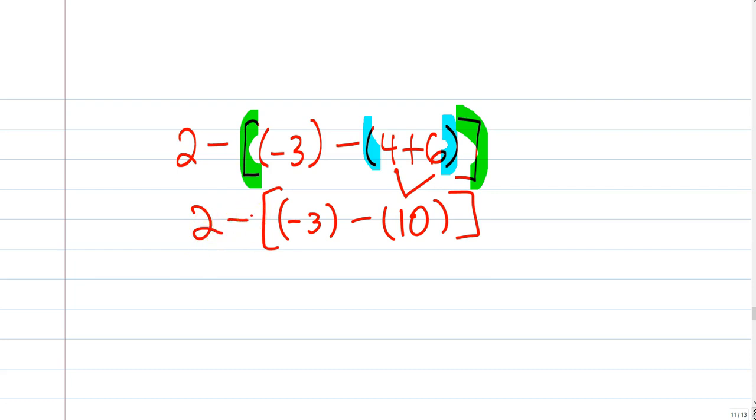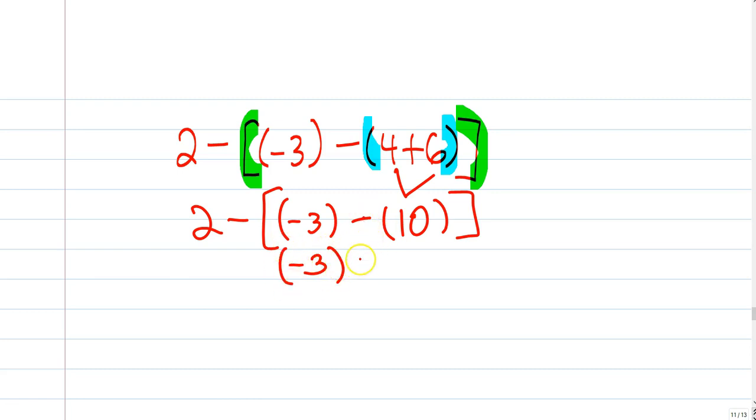What makes this kind of complicated now? Well, negative 3 minus 10. Now, I actually could do that in my head. I could figure that out. But what I'm really doing, even if I'm doing that quickly in my head, is I am changing this. This subtraction makes it a more complicated question. So I keep the first part. It stays.